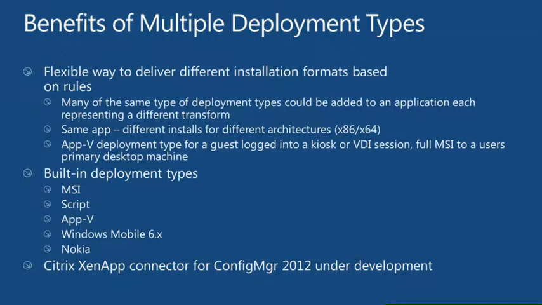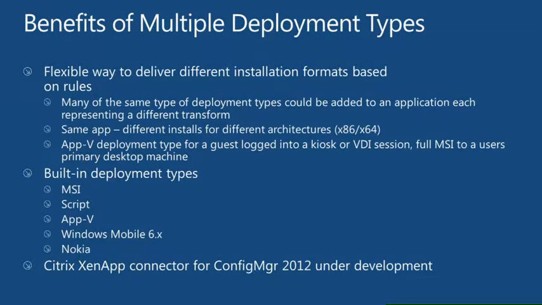Now with the app model, the way you simplify that scenario is you create one application, and you create two deployment types within that application, a 32-bit deployment type and a 64-bit deployment type, and you take advantage of the requirement rules. I add the requirement rule on the 64-bit DT to say, install this if my machine is a 64-bit machine.